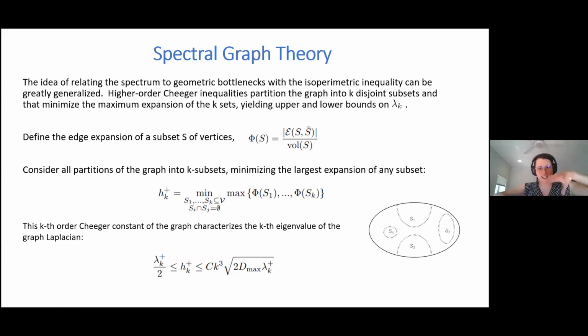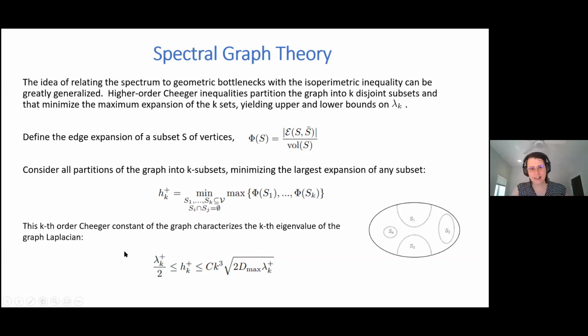Of the 2 of them, you take whichever has the larger expansion. In the general case where you have K subsets, you minimize over all choices of those K subsets and look at the one that has the largest expansion. And this kth order Cheeger constant actually characterizes the kth eigenvalue of the graph Laplacian.